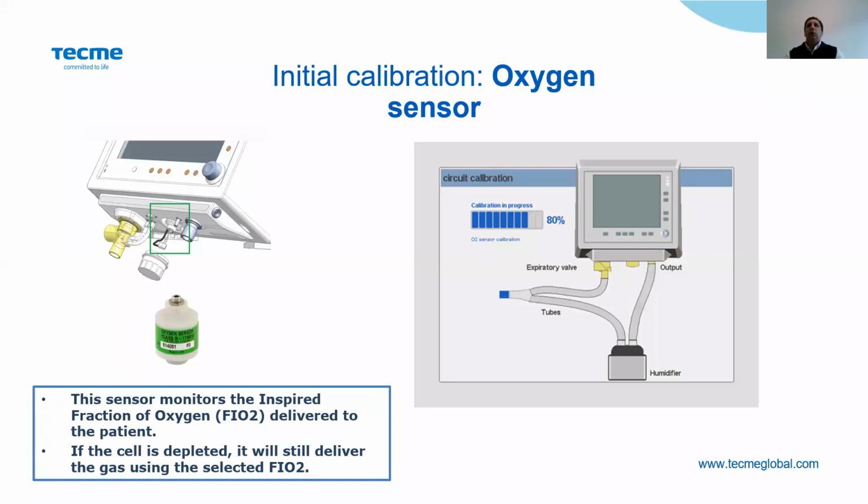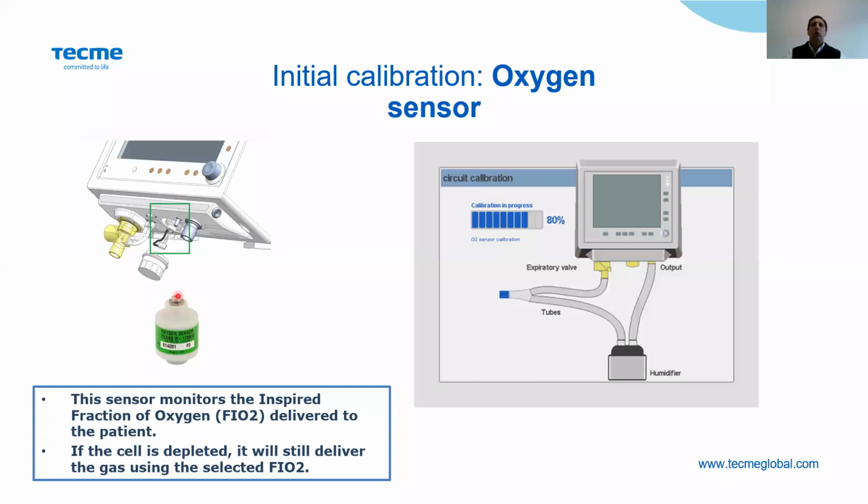Then the machine is going to check the oxygen sensor. We have an inbuilt oxygen sensor. It is an electrochemical oxygen sensor that is going to measure the oxygen concentration being delivered to the patient. All the gas that goes straight to the patient goes through this oxygen sensor in order to monitor and show the user the oxygen concentration being delivered at the patient outlet.